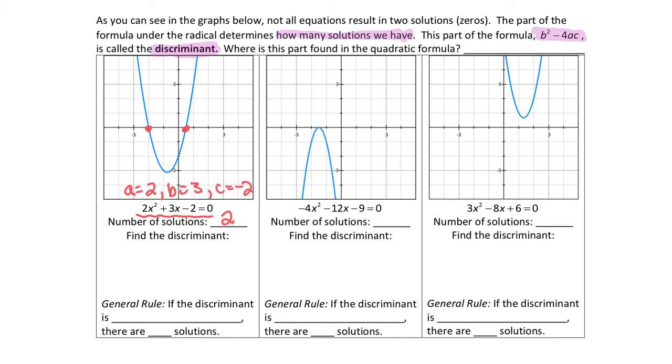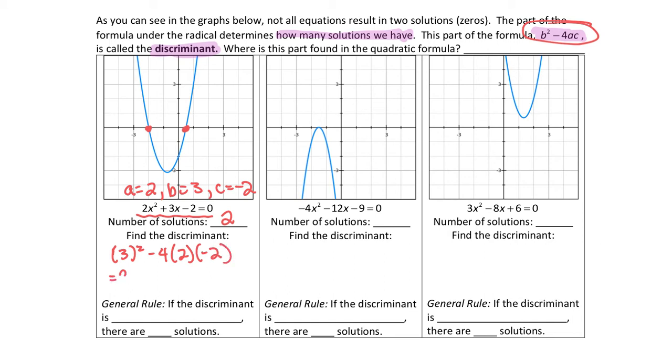So if I just use the discriminant, this part of the formula, b squared, that's going to be 3 squared, minus 4 times a, which is 2, times c, which is -2.